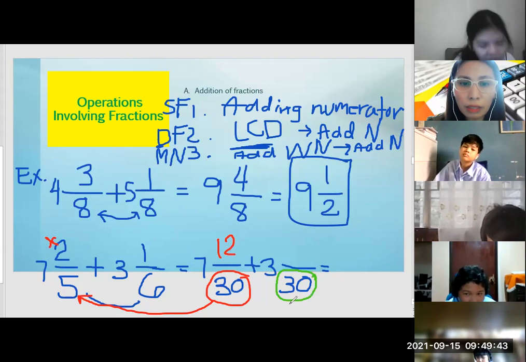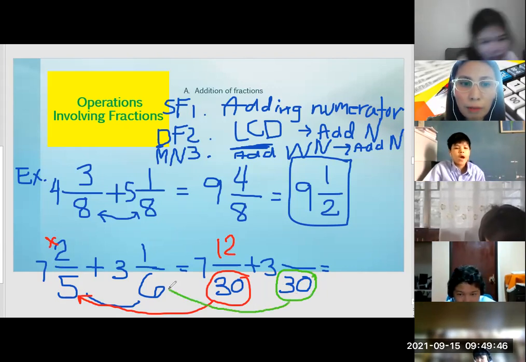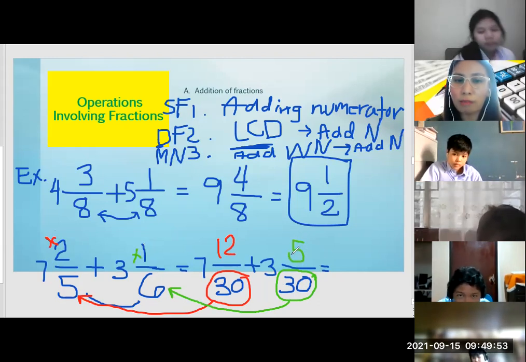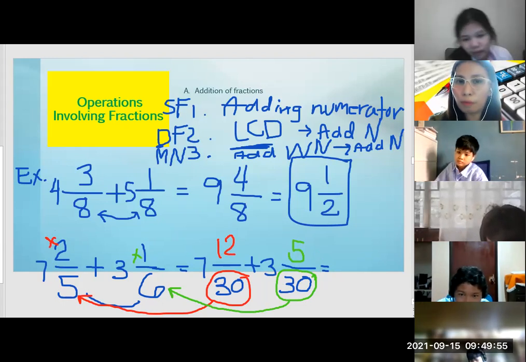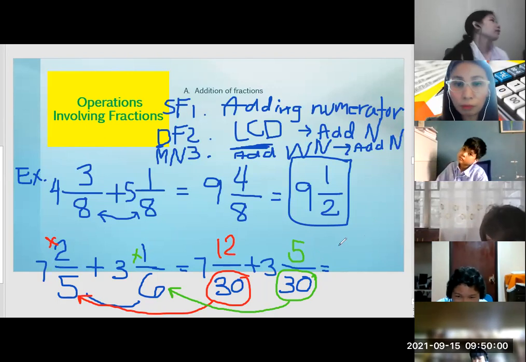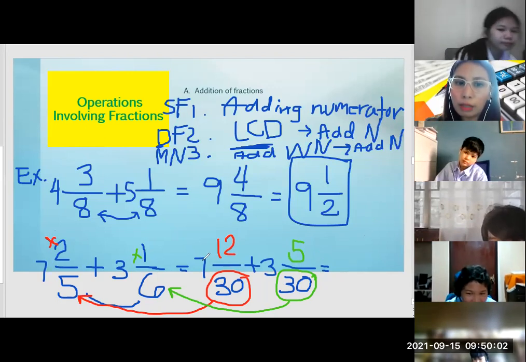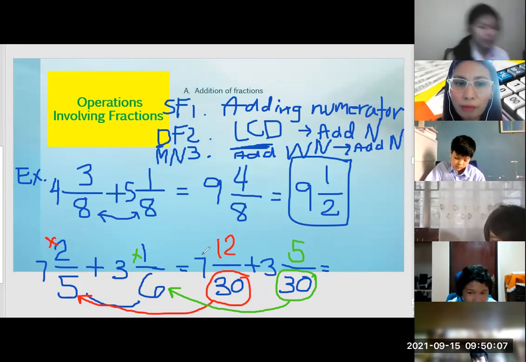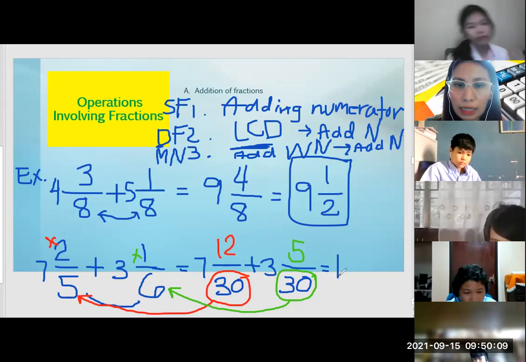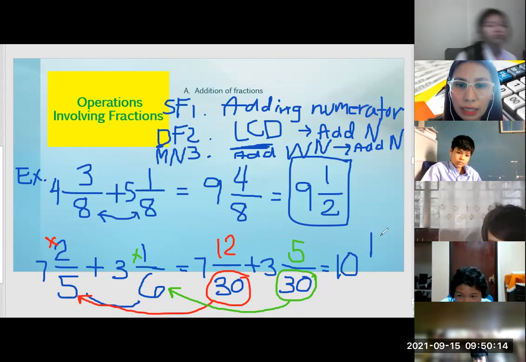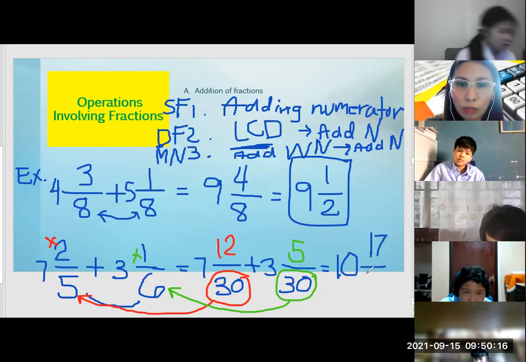Next, 30 divided by 6 is 5, times 1, 5. Let's now add the whole numbers: 7 plus 3 is 10. 12 plus 5 is 17 over 30.